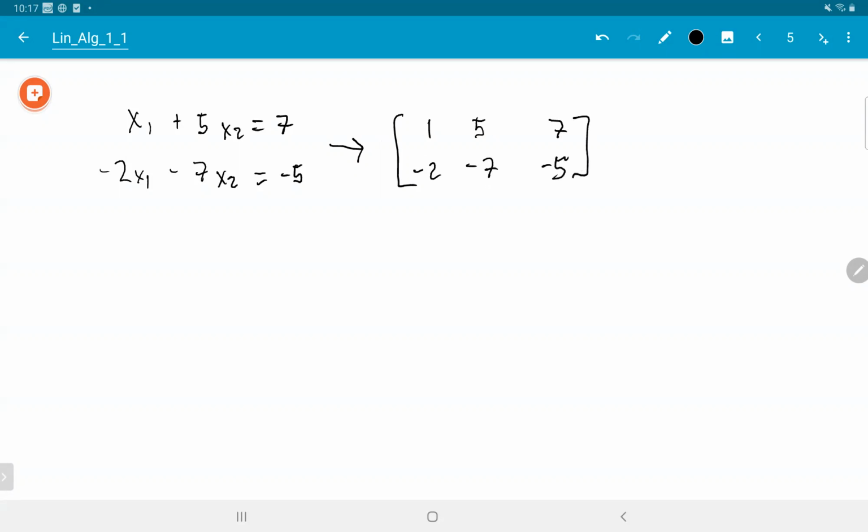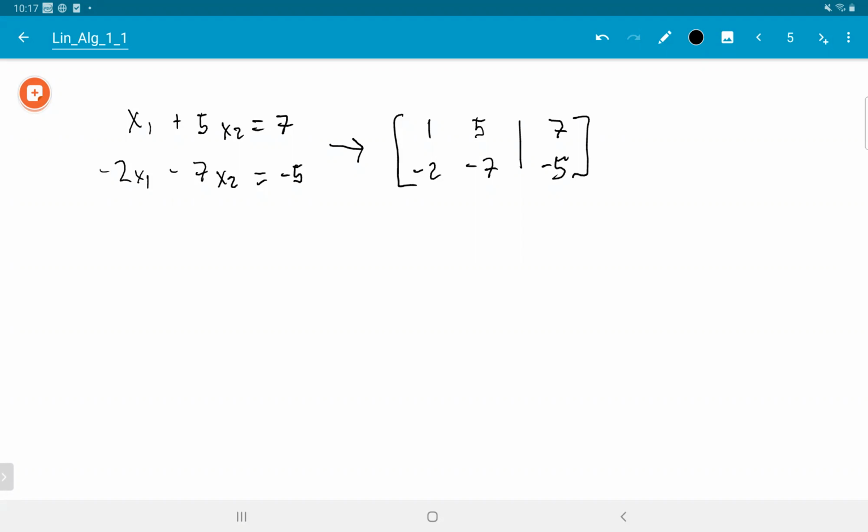Some people like to draw a line right here to remind you that that's the augmented column. Some people just leave it without the line. I like to draw the line, so I'm going to put the line there.